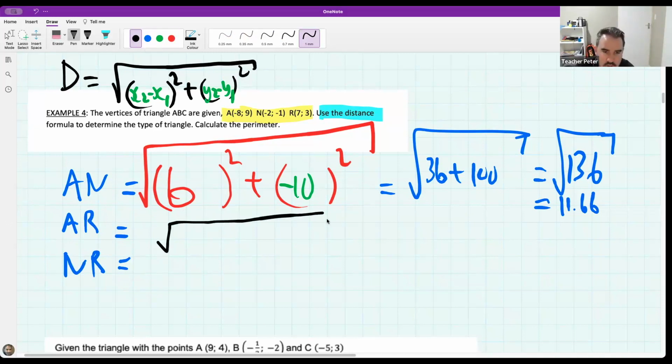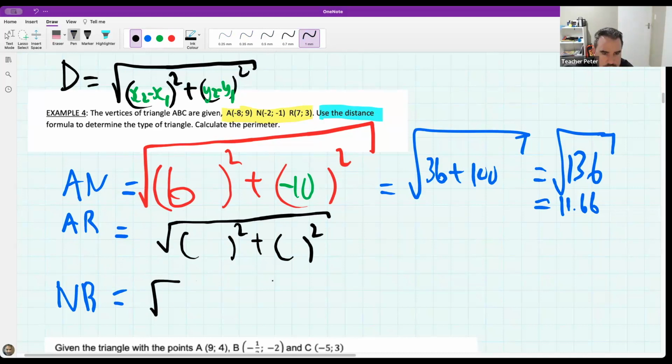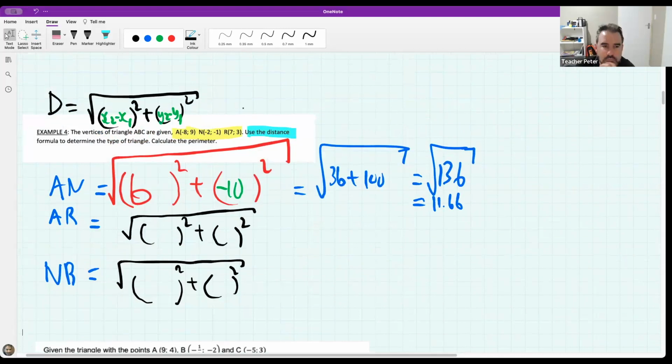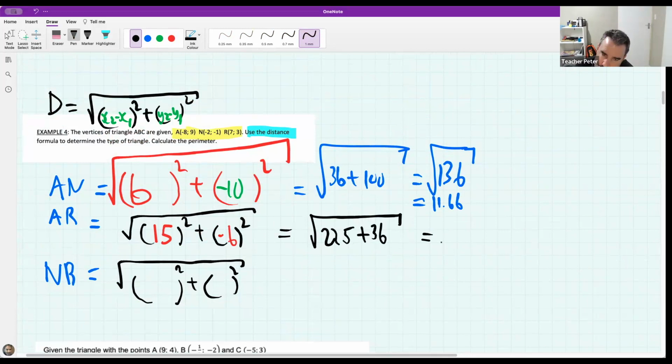So you need to help me figure out, using these distances that you found, what type of triangle this is. Okay, so I've done the second one.